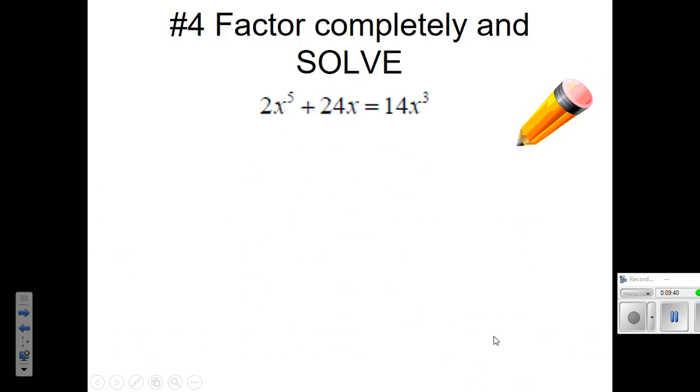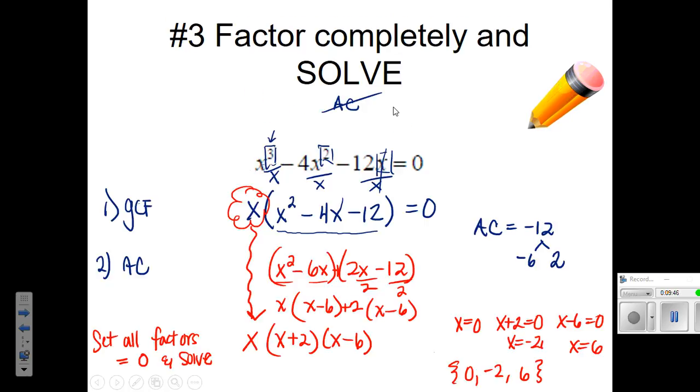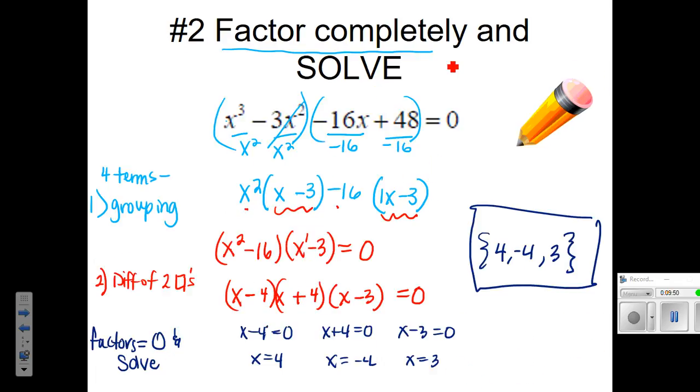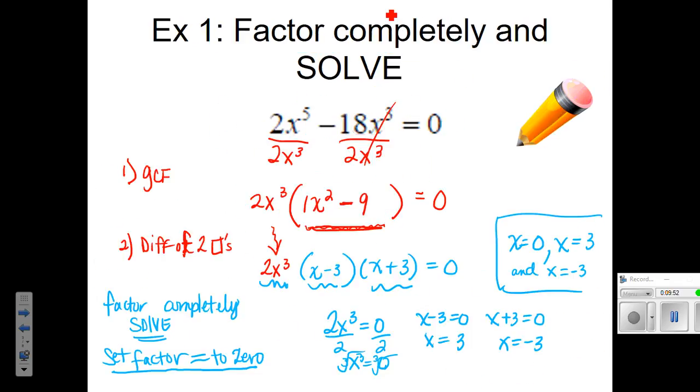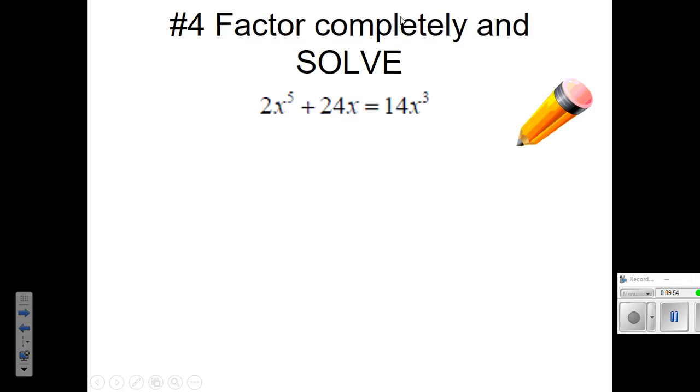All right, factor completely and solve. Uh-oh, we have a problem. All the other problems were set equal to 0. Notice how this was set equal to 0, this was set equal to 0, and this was set equal to 0. Well, in problem number 4, we don't have it set equal to 0. So the first thing we need to do is set everything equal to 0 before we can factor.